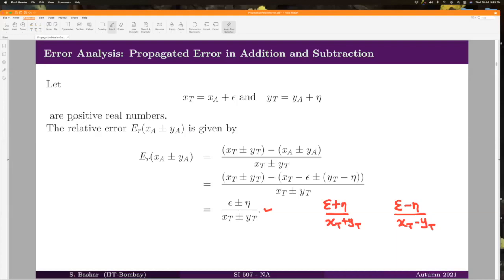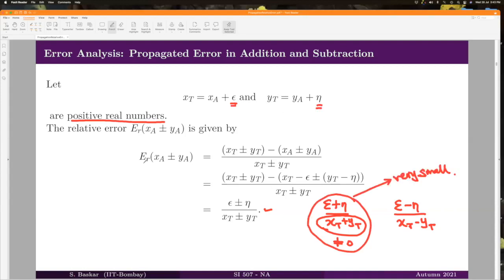Since we have taken both xt and yt to be real numbers, we can see that xt plus yt is non-zero, and generally, assuming that this epsilon and eta are very small, we can see that this is a very small number.